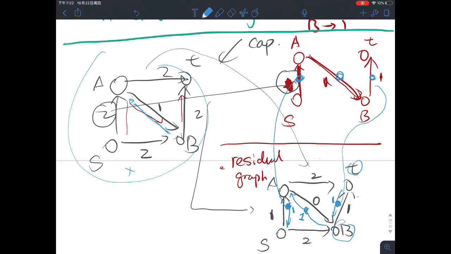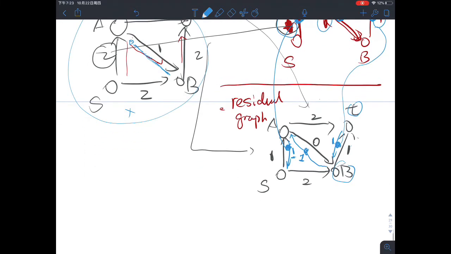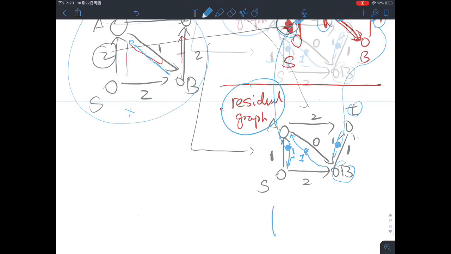We decide to use these 3 paths, and then what we need to do is to invert the direction of the path, and assign the capacity of the new path as the current active flow. The current active flow is 1, 1, 1, so the capacity is 1, 1, 1. So at the end, our residual graph looks like that.